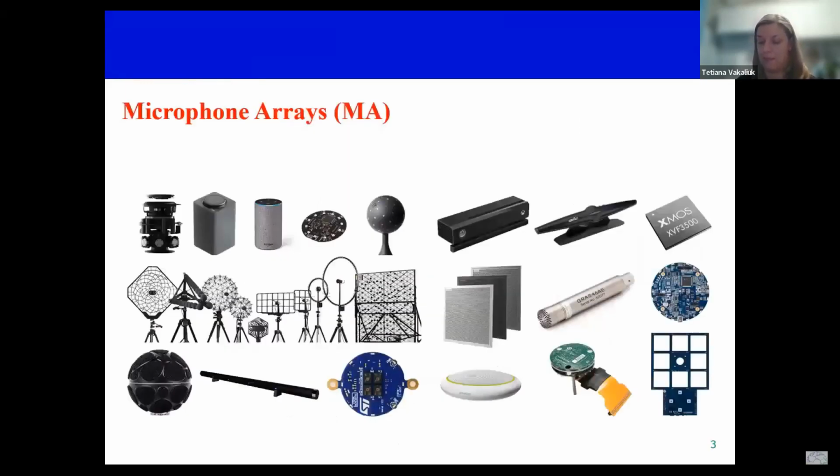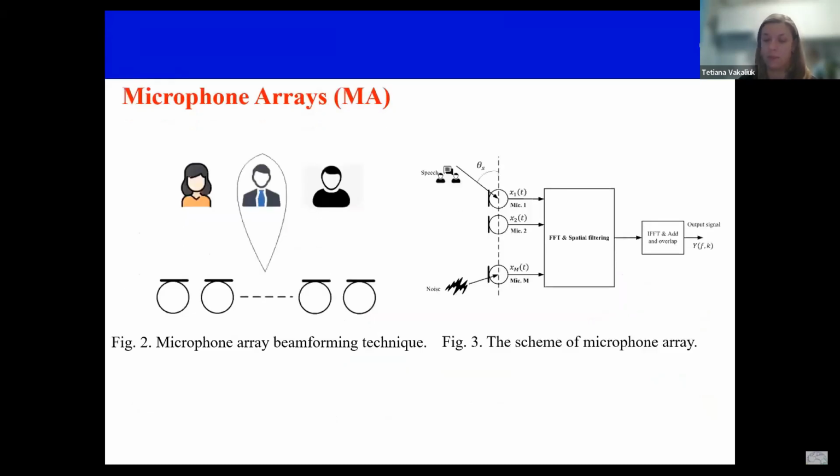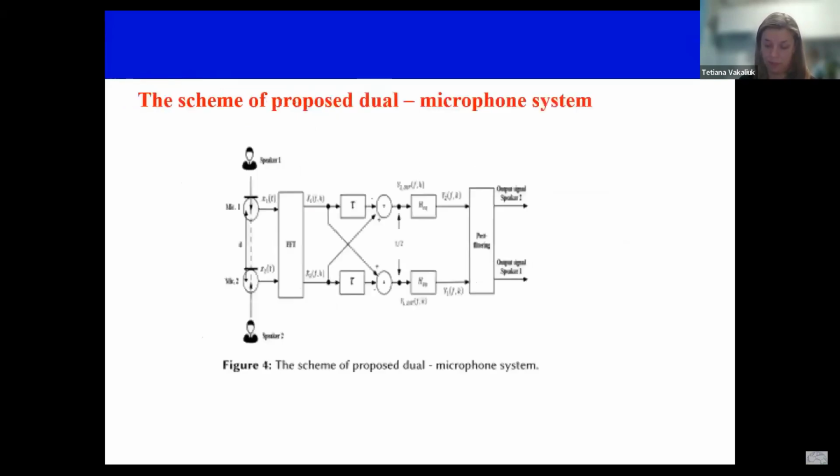There are numerous speech applications equipped with microphone arrays. The schema of microphone arrays and beamforming techniques is presented in this video.